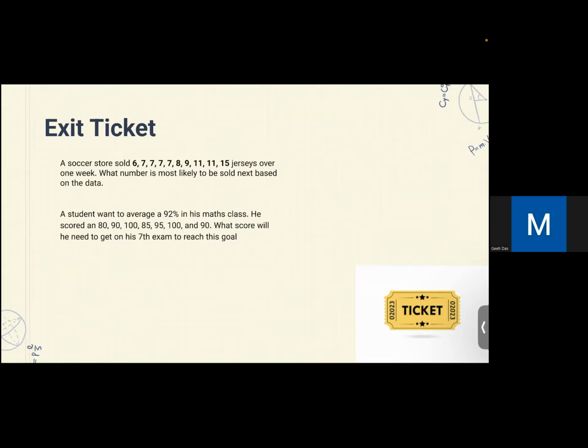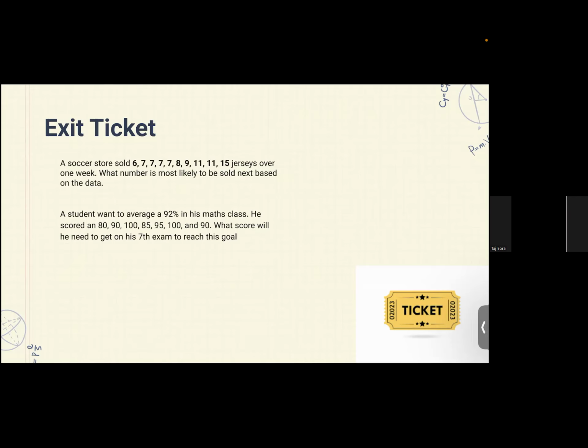অকল প্ৰথমটো কৰিবা দেই, অকল প্ৰথমটো কৰি আনচাৰটো দিয়া। So I will read out the question and just really think about what the question is asking and how to solve for it. A soccer store sold 6, 7, 7, 7, 7, 8, 9, 11, 11, 15 jerseys over 1 week.